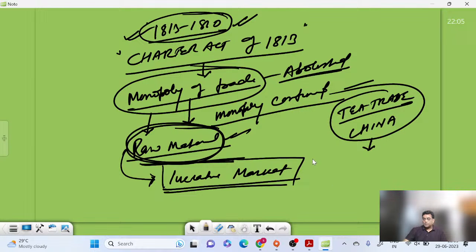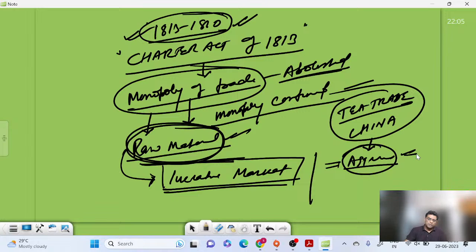In this phase, the social policy was the socio-religious reform movement. The British adopted a very aggressive social policy. Many laws were passed in the name of abolition of social evils: abolition of Sati, the Widow Remarriage Act.